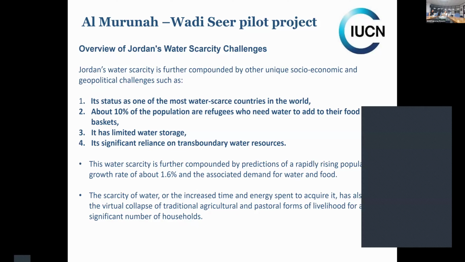Also, it has limited water storage, and a significant reliance on transboundary water resources. Also, water scarcity in Jordan is increased by predictions of a rapidly rising population growth rate of about 1.6% and the associated demand for water and food.